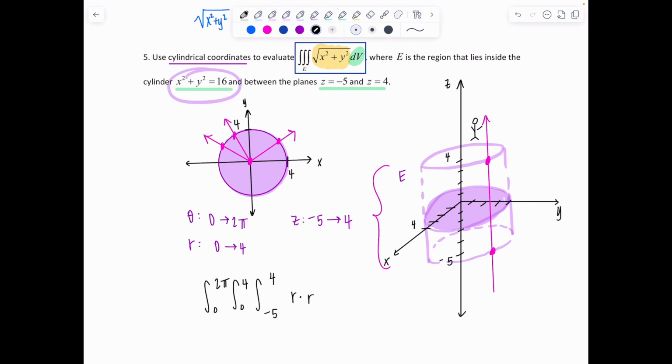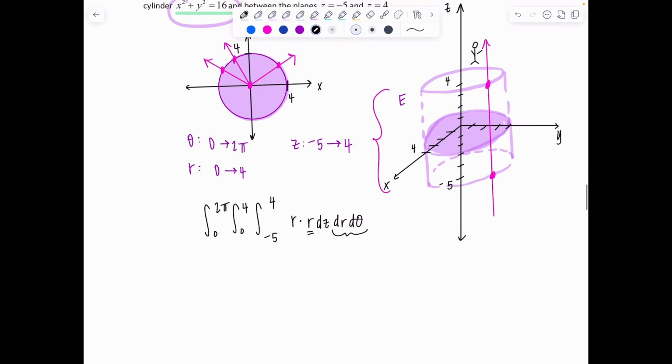So it's r dz dr d theta. This extra r comes from the dr d theta when we convert to polar. I showed in another video lecture why we have that extra r, so go back and watch it if you want.